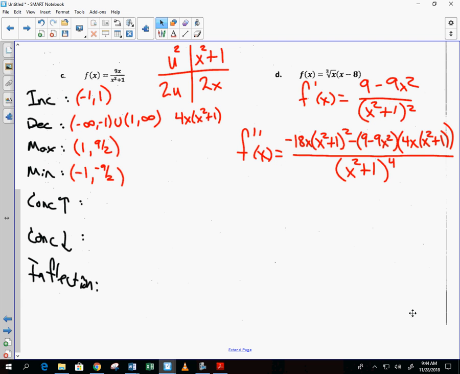X squared plus 1. One of them will cancel, right? Like this has an x squared plus 1, this has an x squared plus 1, and this has 4 of the x squared plus 1s, right? So I could get rid of this one. I could reduce this to 1. I could reduce this to 3.